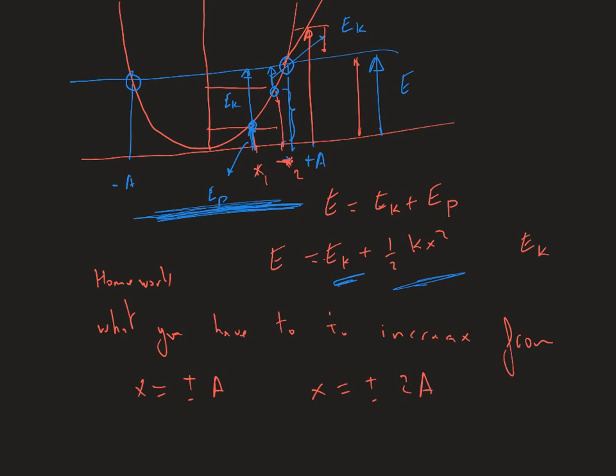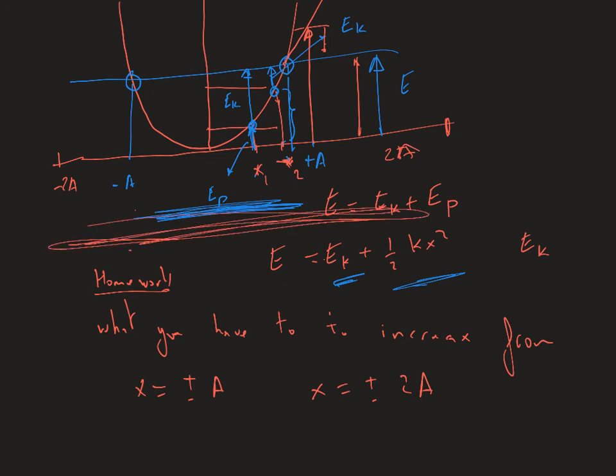I want the oscillator to go farther away. What change will you have to make to the system in order for it to oscillate between minus 2a and 2a? Now I want the oscillator to oscillate here. What will you have to do? And the answer is homework. That's all.